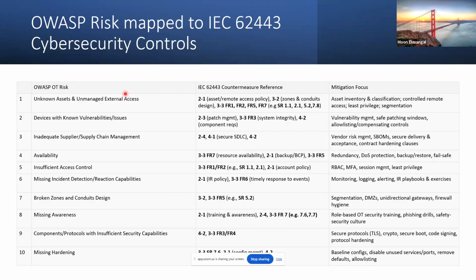And I am trying to explain how it is managed by using 62443 controls, how we can mitigate those risks. So that is the idea here. I'm not going into the detail of each of the 10 items in the list, because that itself will need another session.